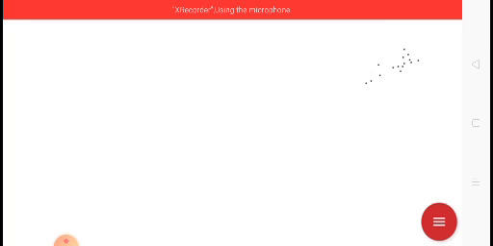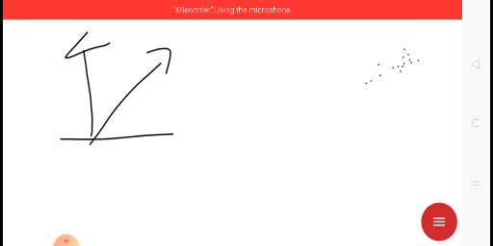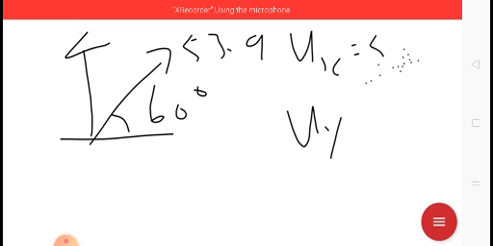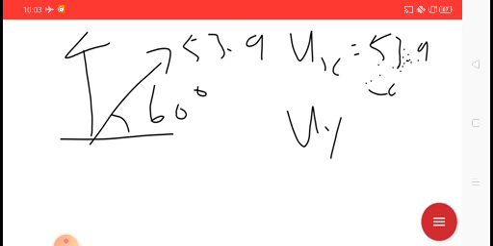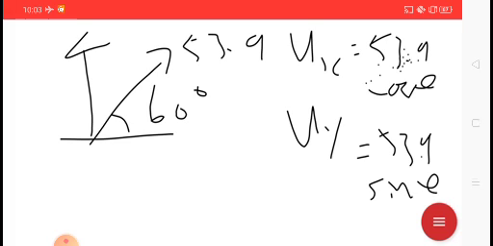Same thing, this is projectile motion. Just draw a simple one. You have a starting speed of 53.9 at 60 degrees above the horizontal. So you have ux equal to 53.9 cos theta, and uy equal to 53.9 sin theta. You have two components.